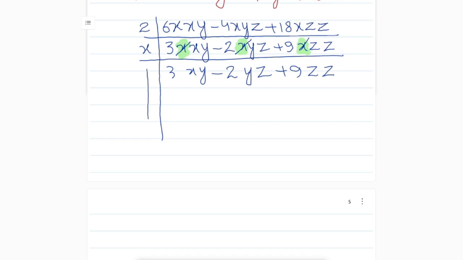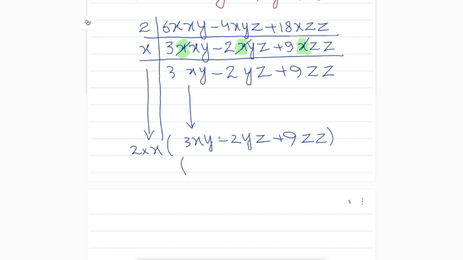So we have the answer as 2 times x. In the bracket, there is 3xy minus 2yz plus 9zz. And we can write zz as z square now. So we'll be writing 2 times x is 2x, 3xy minus 2yz plus 9z square. So this is your factorization, which is your answer.